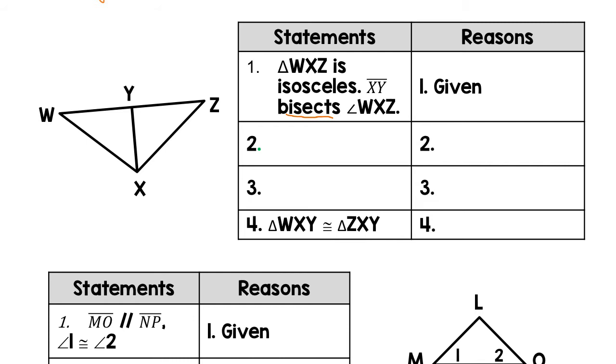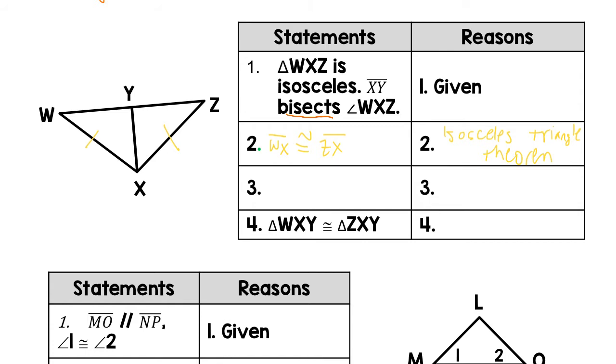We also need to say what an isosceles triangle tells us about our triangles here. First, let's say that segment WX is going to be congruent to segment ZX, like that, because that's the isosceles triangle theorem.